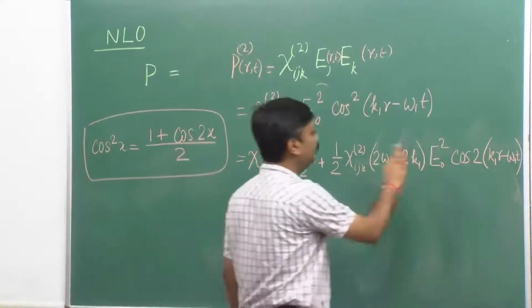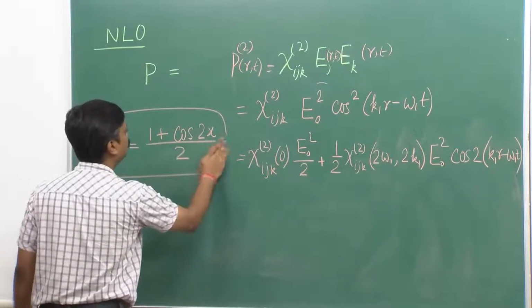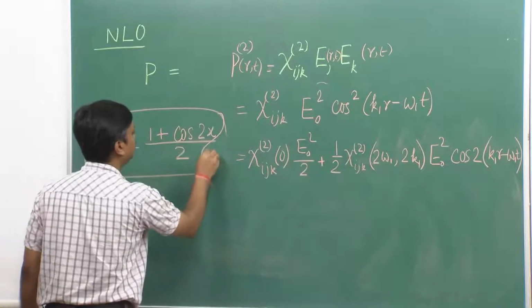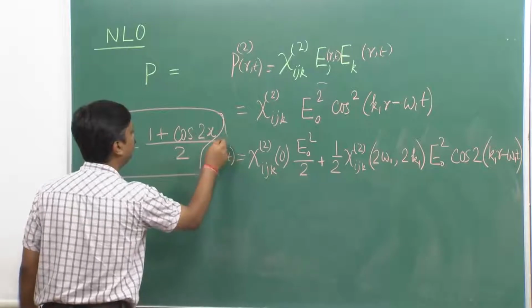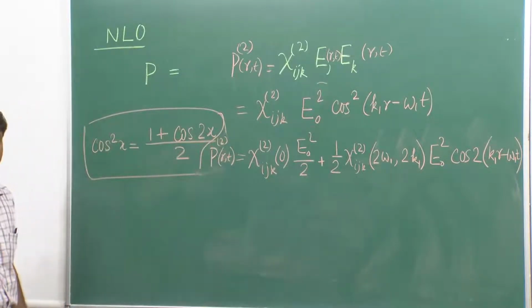So this is the final form of my P. Okay, so if I just want to rewrite this one, this is my P of r, t, and this is the second order nonlinear polarization.